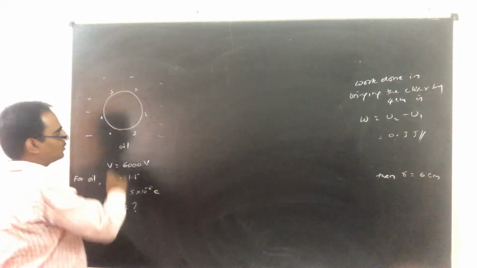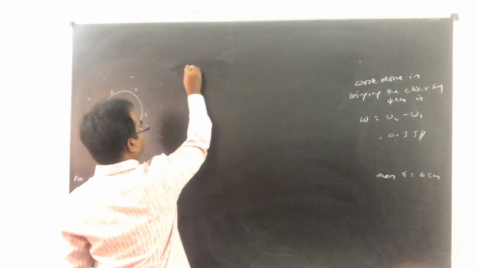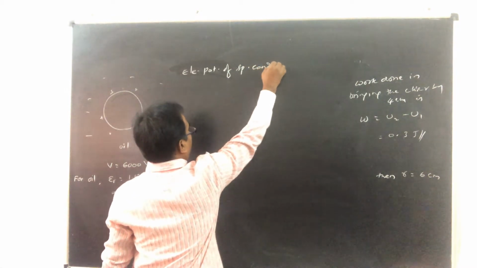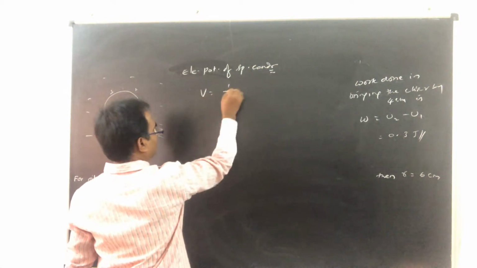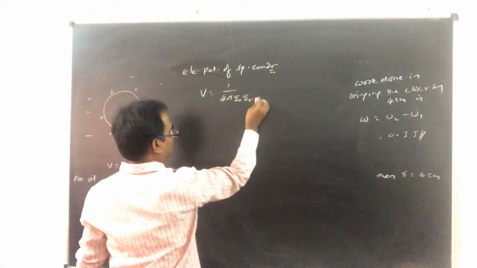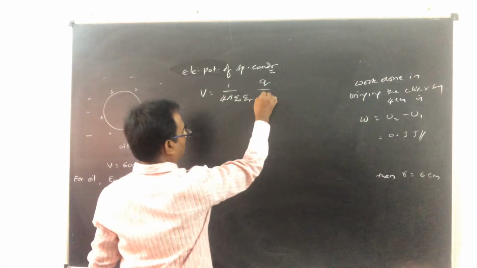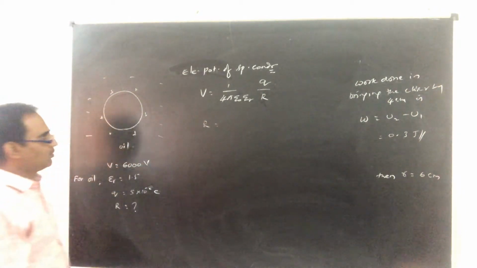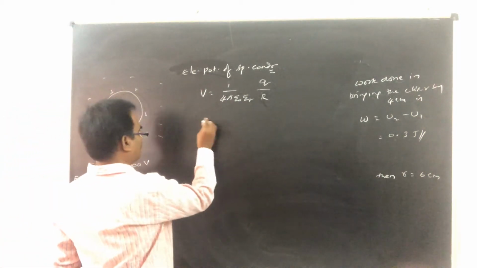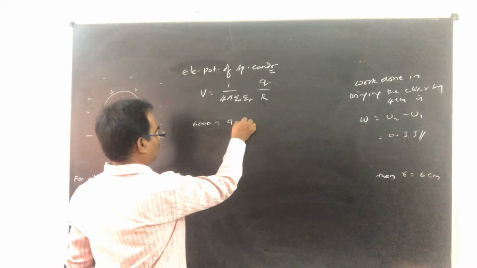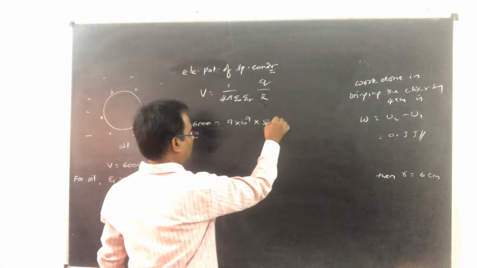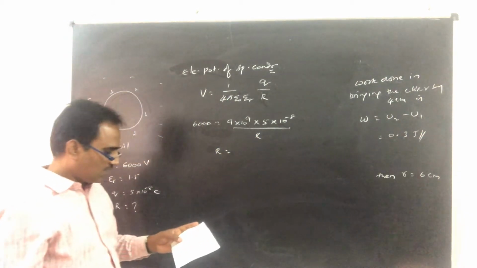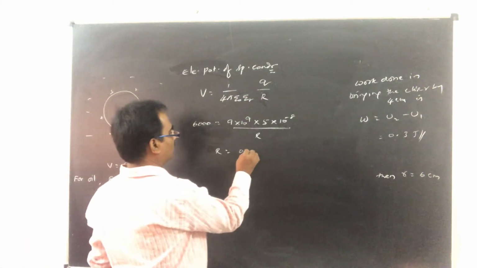So for this point charge, the electric potential of the spherical conductor is given by the same formula for point charge, Q divided by R. You substitute all these values and do the calculation for this R. So this is 6000, 9 × 10⁻⁹, 5 × 10⁻⁸ divided by R. So if I find this R, it comes to nearly 0.05 meter.